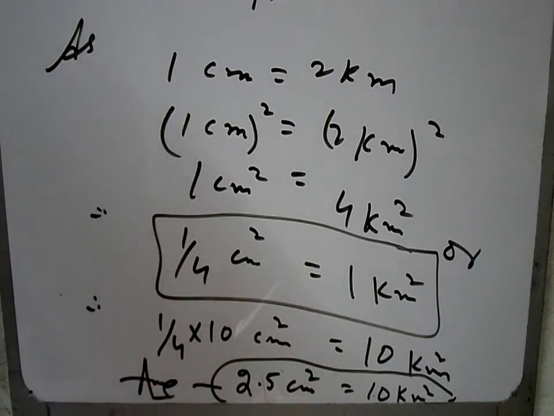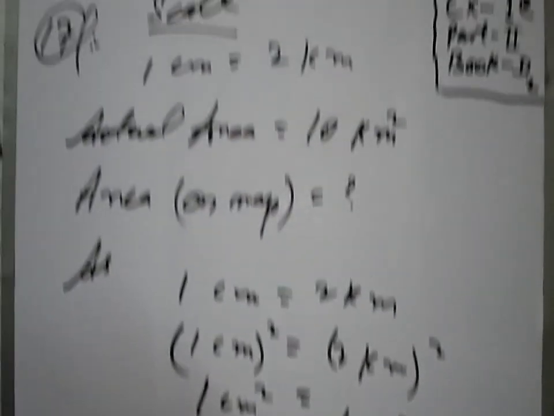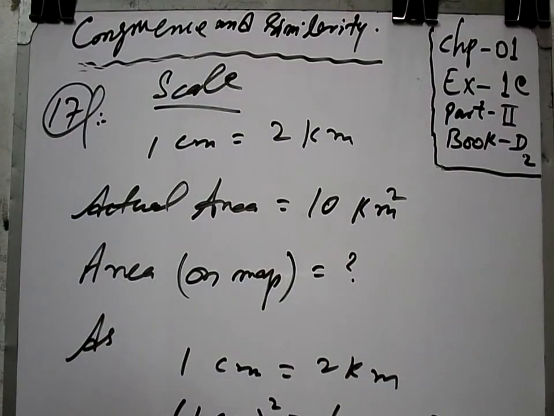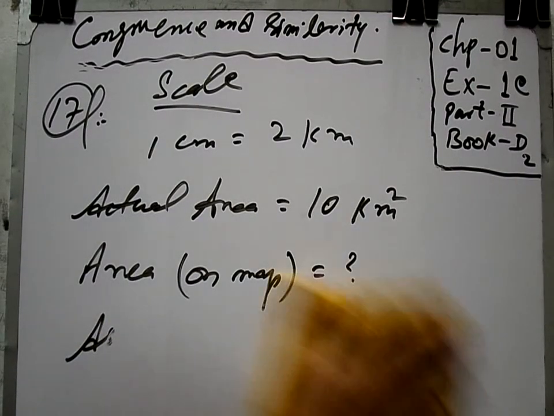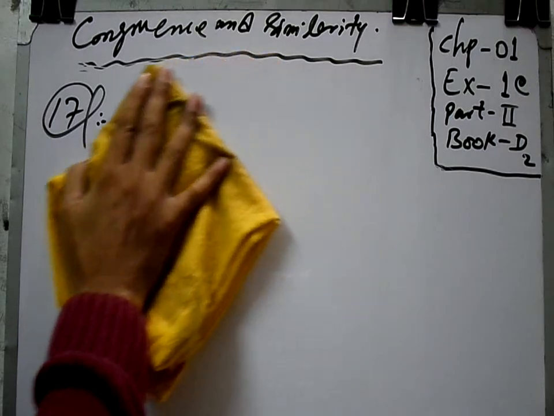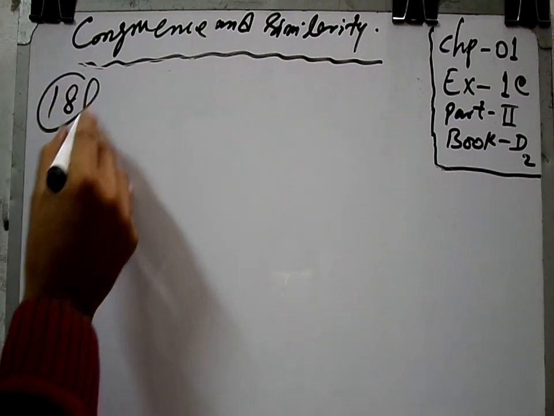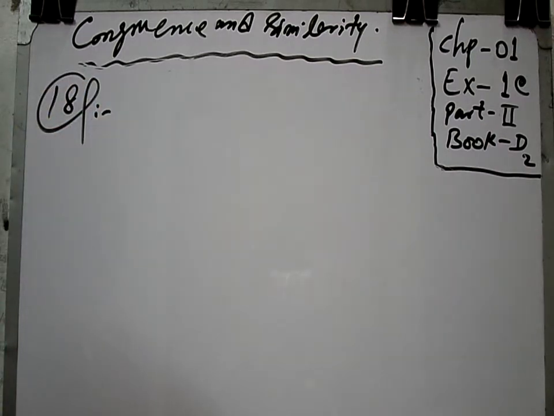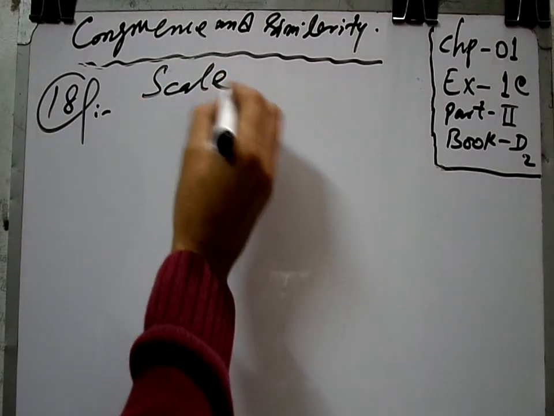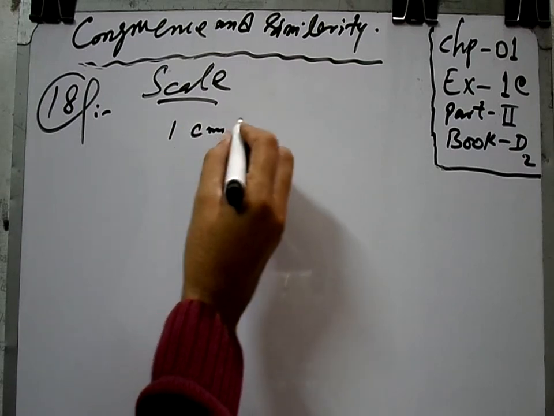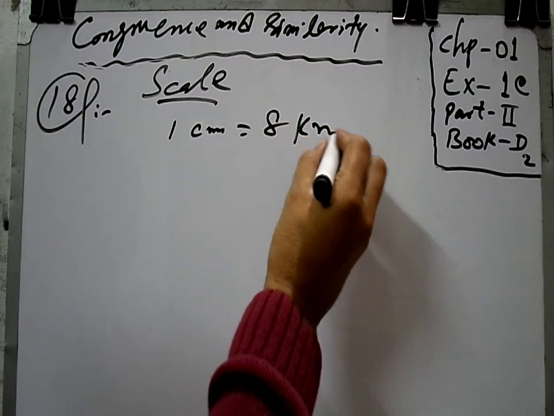Coming to question number 18. The scale on the map is 1 centimeter to 8 kilometers. So okay, the scale is 1 centimeter is equal to 8 kilometers.